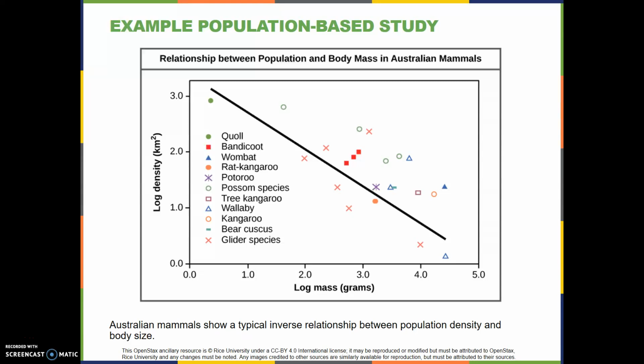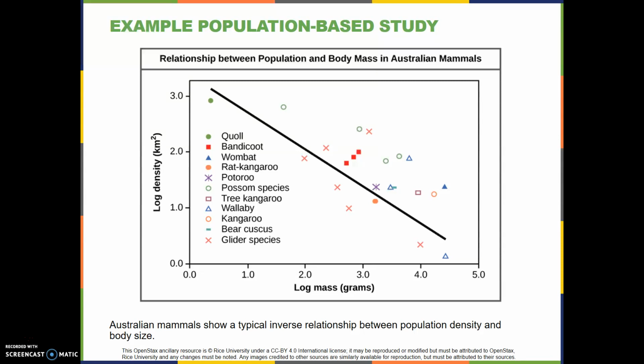I don't know why they would have picked these specific ones, but I know a kangaroo and a possum are marsupials. A wallaby is also. Anyway, these are different species of organisms. The bear cuscus, and the glider species.